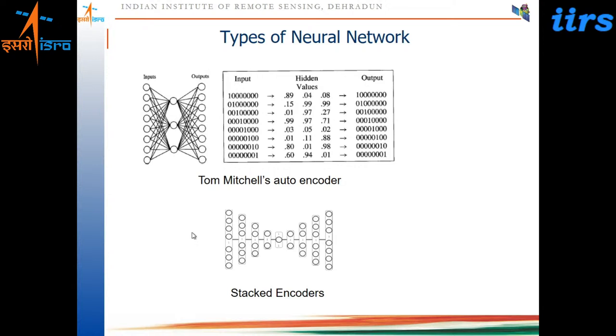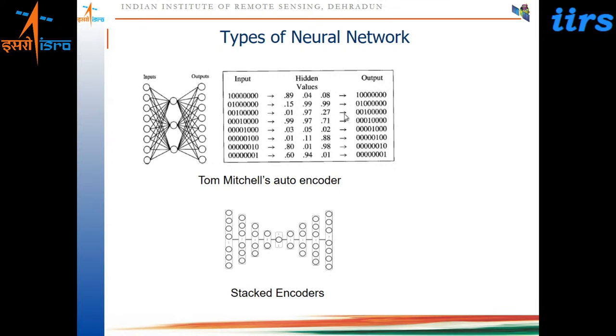As you can see in this 8 by 3 by 8 neural network, when you do an encoding, all the input layers which were separate or segregated are now decoded with the help of the weighted values of the individual nodes of the hidden layer.